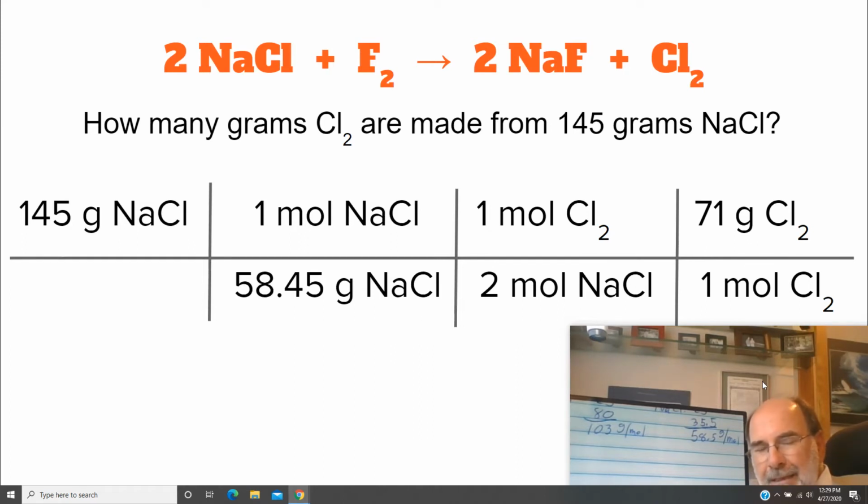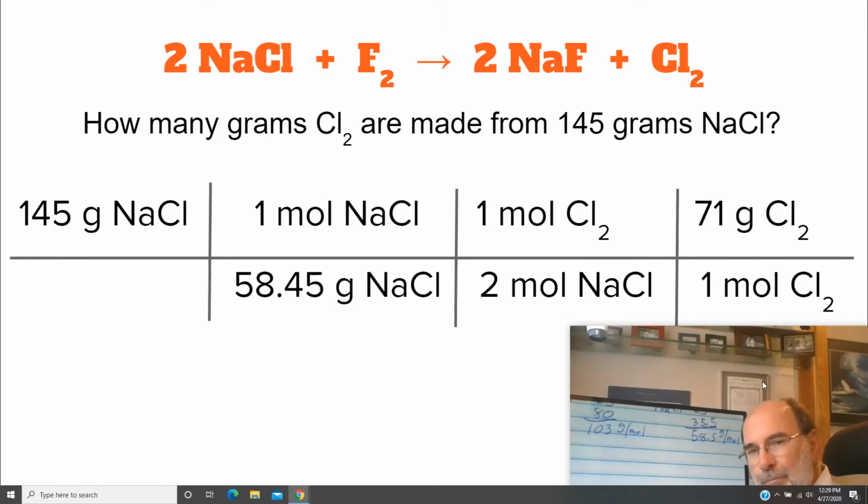The first column begins with grams on top. So the second column has the grams on the bottom, and we're converting from grams of sodium chloride, table salt, to moles of sodium chloride. The third column is the ratio based on the balanced chemical reaction written in red at the top of the screen. It says for every 2 moles of sodium chloride, I only make 1 mole of chlorine gas.